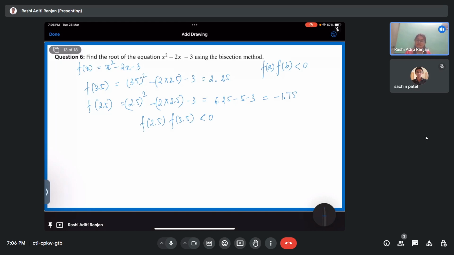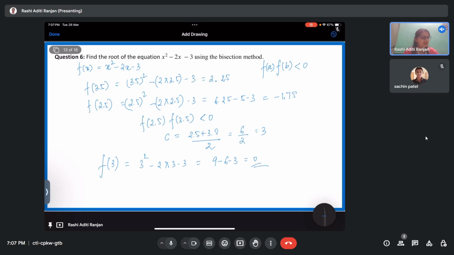I consider a point c such that c is equal to (2.5 plus 3.5) divided by 2, which is 3. Now if I see what is my value of f at 3, 9 minus 6 minus 3. Okay, very nice. So 3 is a root. I've got 0. This was a very easy assumption.